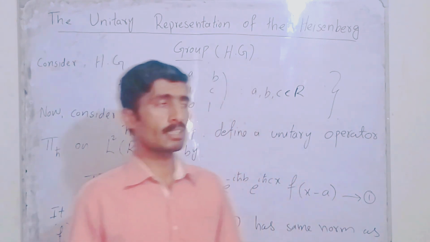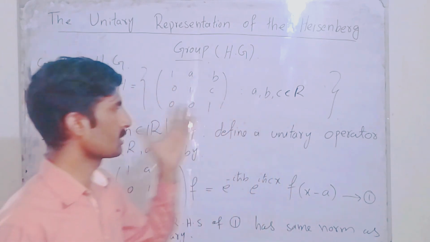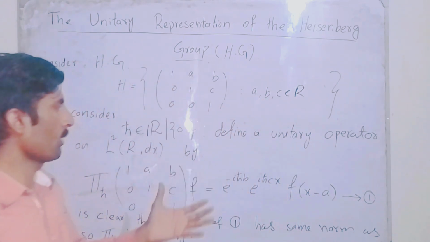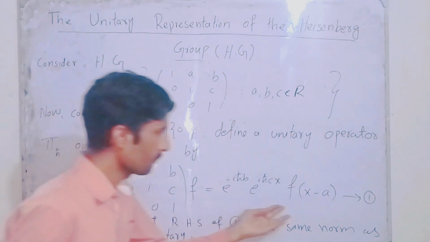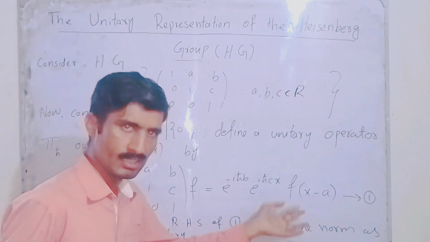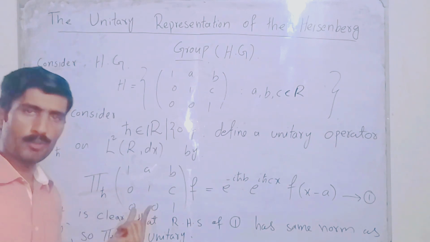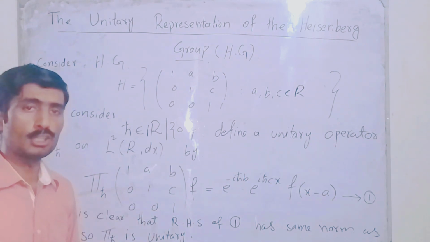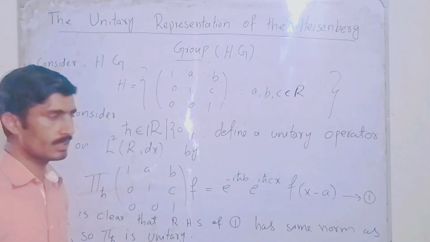Here we take the Heisenberg group of 3 by 3 matrices, then define a map in this way, and since the norm of the right hand side of equation 1 is the same as that of f, we can say that pi_h is a unitary representation of Heisenberg groups, right?